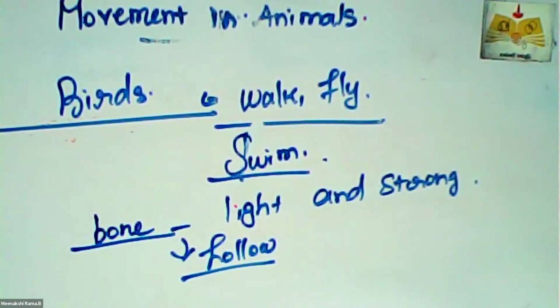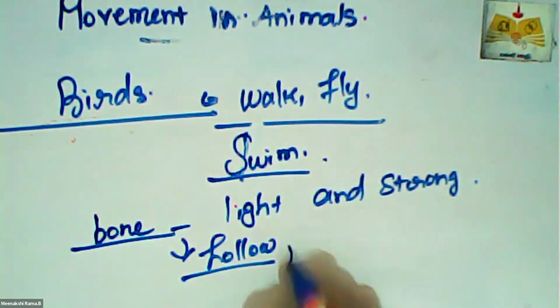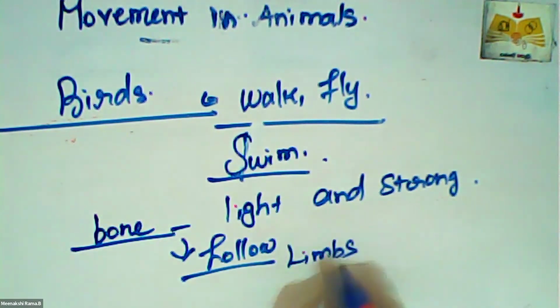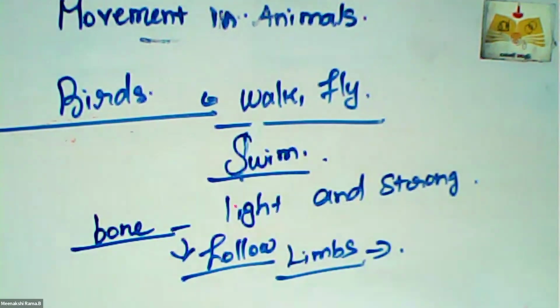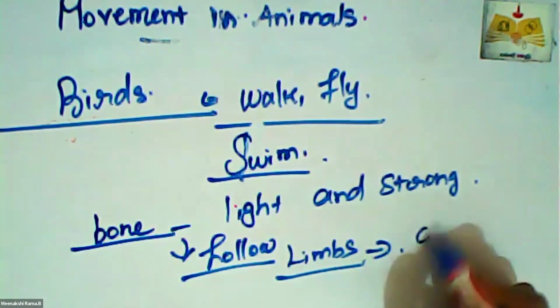The lower portions of the limbs are modified into claws, which help them to walk and perch. The lower portions of the limbs are modified into which part? That is claws.